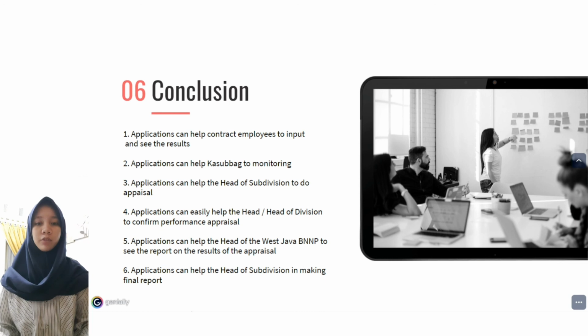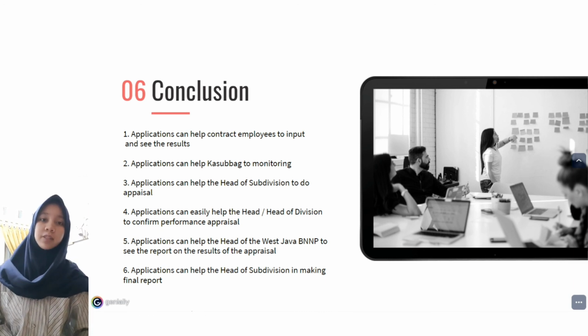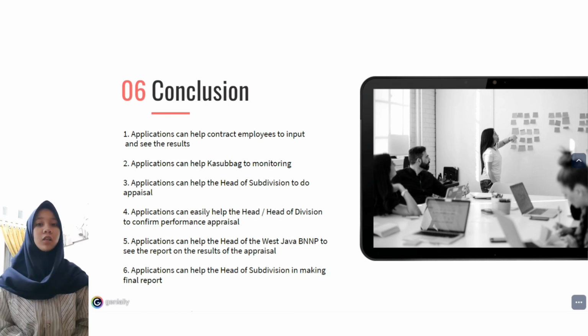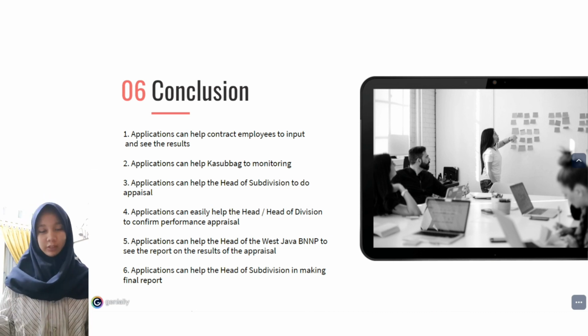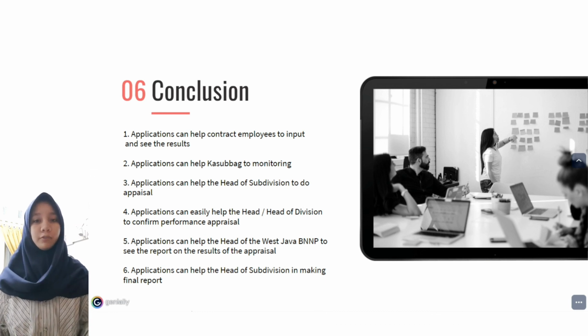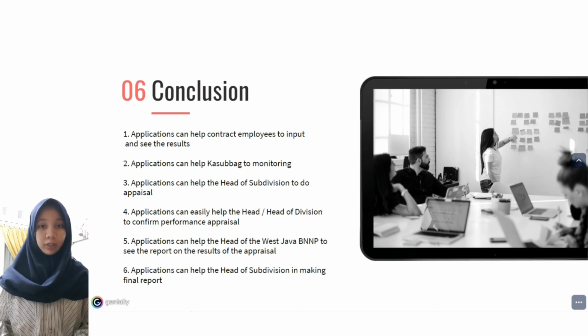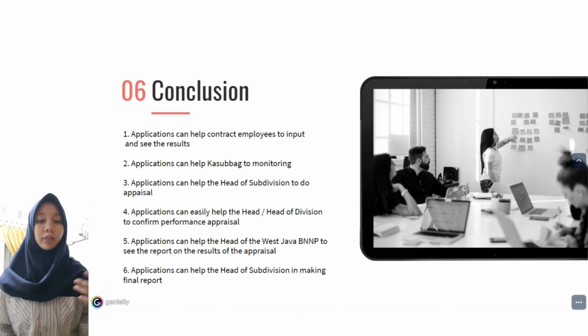Fifth conclusion, the head of BNN West Java Province can easily see the report on the results according to the rank. The last conclusion is that the application can help the head of subdivision to make a final report for the contract employees, and they can see it based on the pie chart provided.